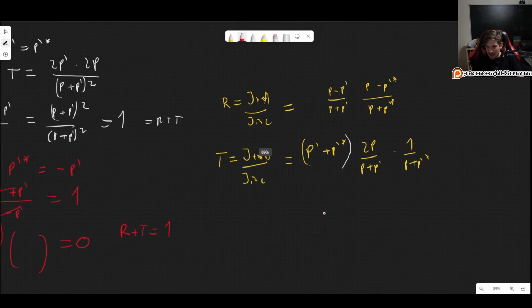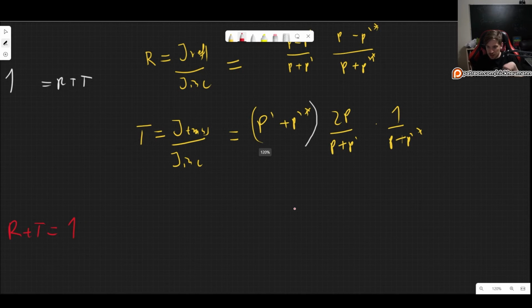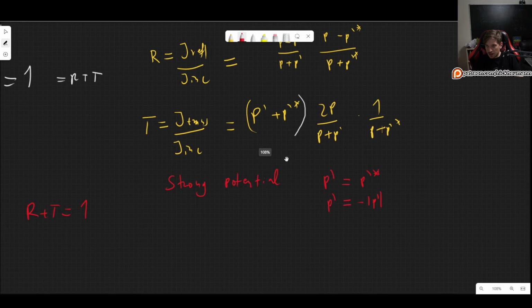So that means that now if we go into this case for the strong potential, this means that p prime is going to be the same as p prime conjugate, but we have to be careful to note that p prime itself will be minus the absolute value of p prime. Okay, so let's use that and plug it in.